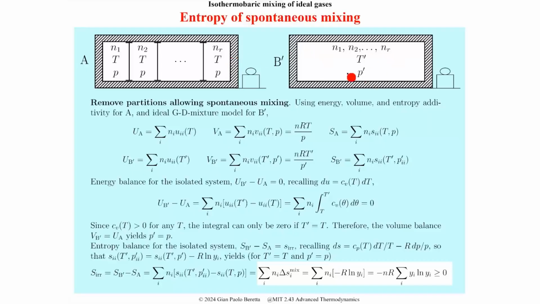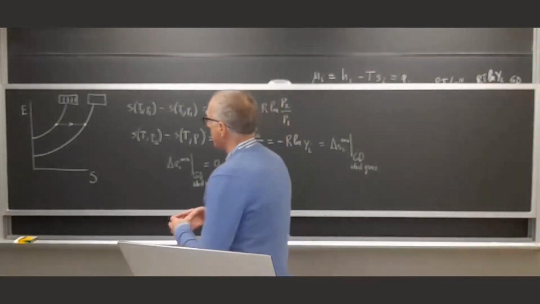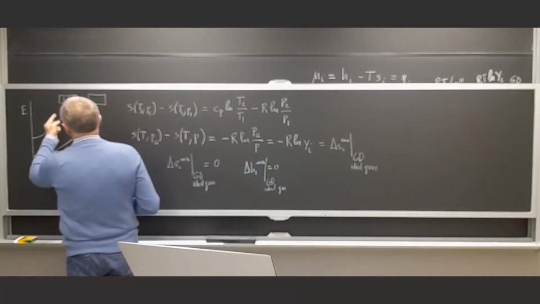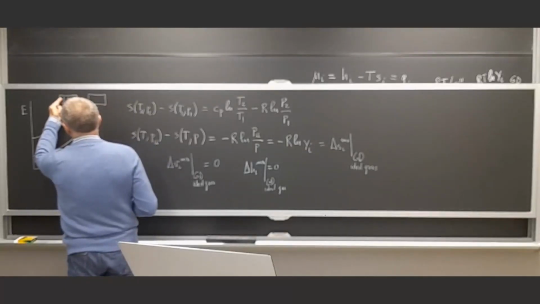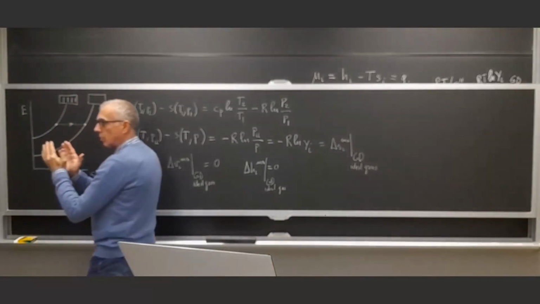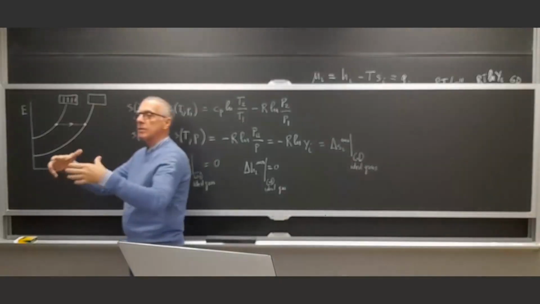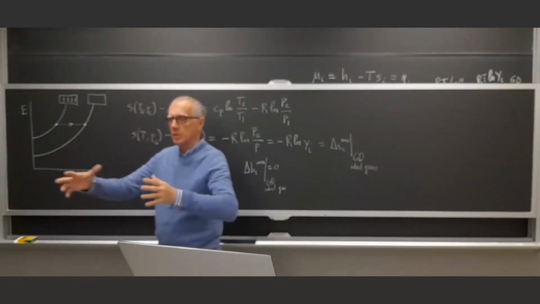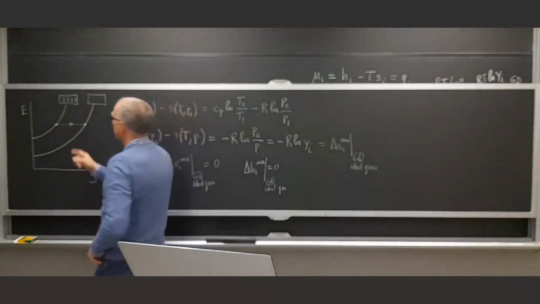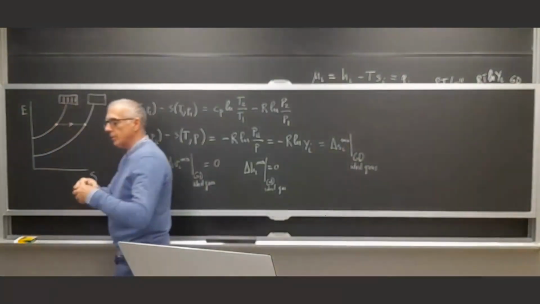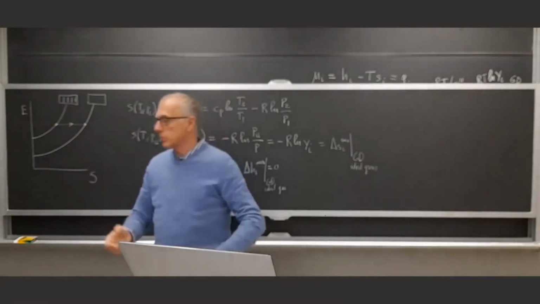The particles will mix. If you think in terms of the single particle contribution, each particle here was squeezed to a small volume. And now it sees the entire volume available, so it expands. And the same for the particles here, and the same for the particles there. So each one experiences a spontaneous expansion.